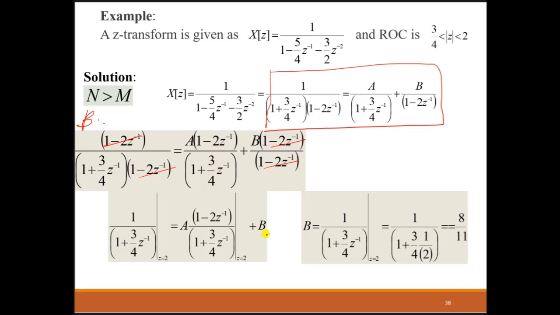So you have B. Then you rewrite the equation 1 over sekian-sekian, A times sekian-sekian plus B. Then you gantikan all the Z with the poles from B. So Z is equals to 2, and then you have B sama dengan 8 over 11. Okay, so you have to do this slowly. Do it on paper several times so that you can get the idea.